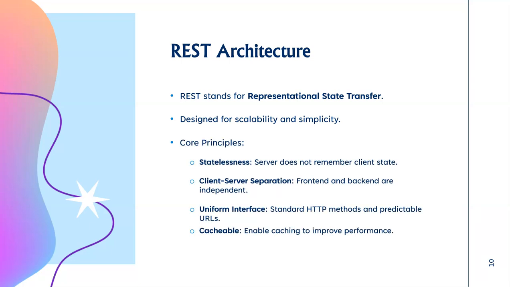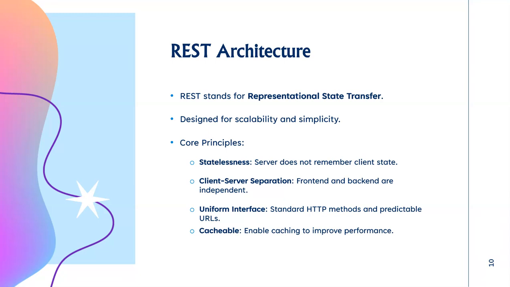So the first rule is statelessness. Every request is independent. It's like ordering pizza. Each order stands on its own. The second one is client-server separation. The front end and the back end are separate, so each can evolve independently. The third one is uniform interface.